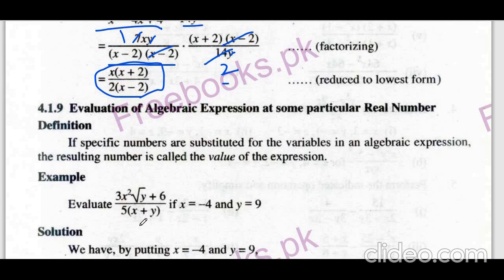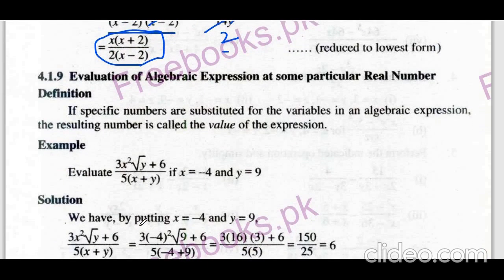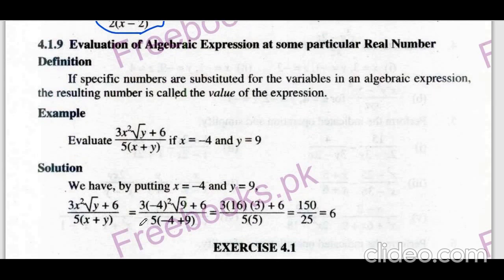Evaluating an algebraic expression at a particular real number. That means if any real number is given to you, like minus 4, 9, 1, 2, 3, then you can evaluate the rational expression at that specific number.